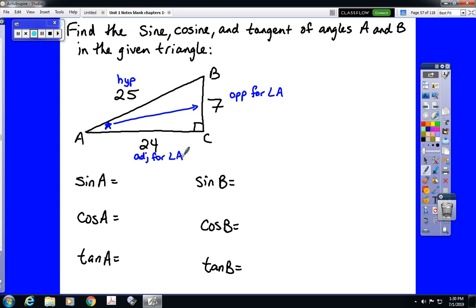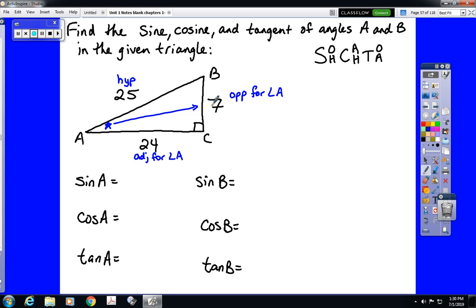So, what we do is we have our mnemonic device, Sohcahtoa, and we use it here. So we have sine, with the blue labels, for sine of A. Sine is opposite over hypotenuse.